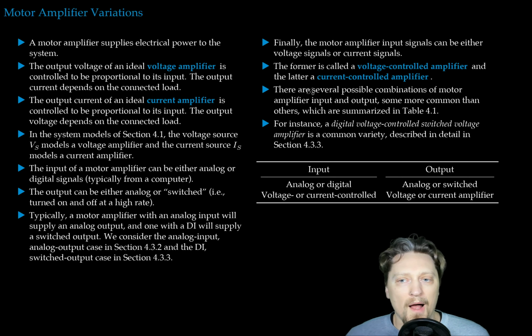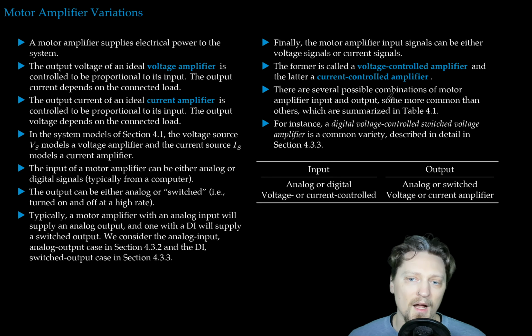There are several possible combinations of motor amplifier input and output, some more common than others, which are summarized in table 4.1. So, on the input side, we have analog or digital possible, and we also have voltage or current controlled possible. On the output side, it could be an analog output or a switched output, and the output could be some controlled voltage or some controlled current.